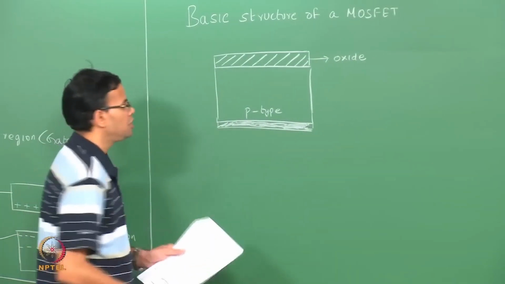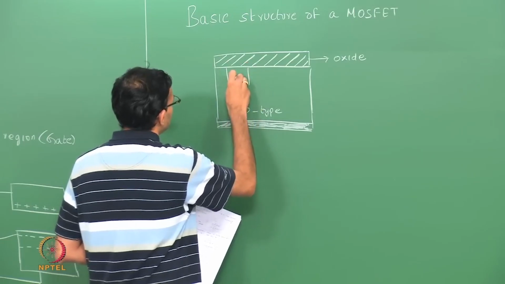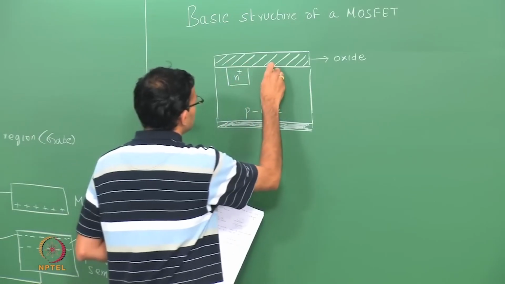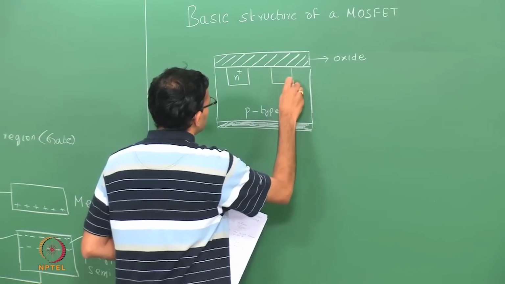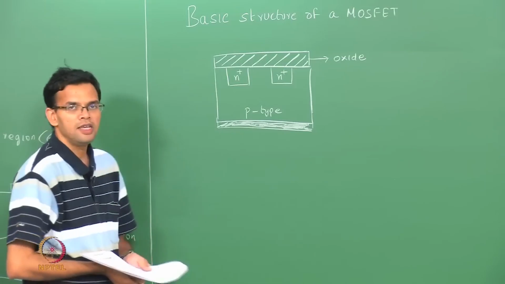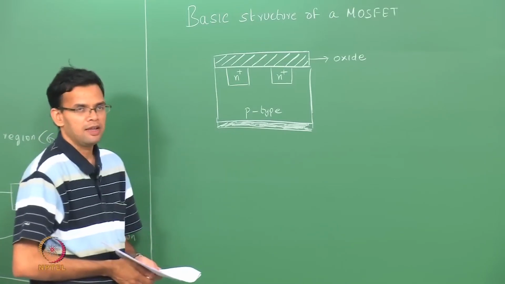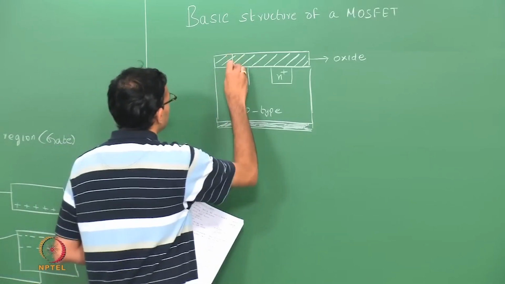We have two regions within the MOSFET which are heavily n-type doped, n plus, n plus. So these are called the source and the drain, and we again make electrical connections to the source and the drain.